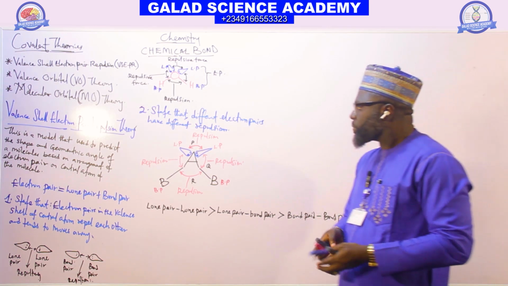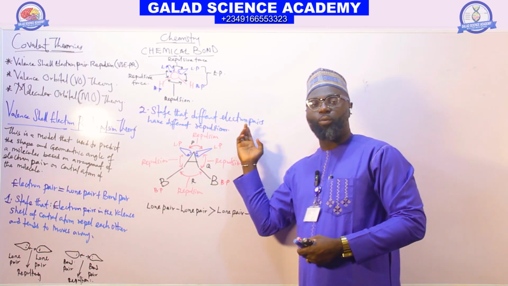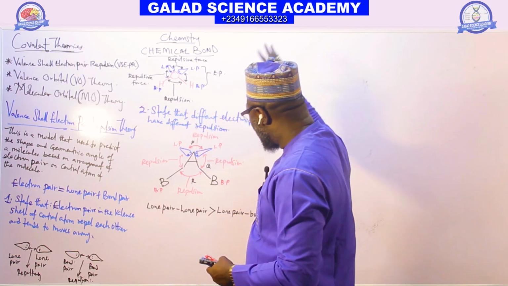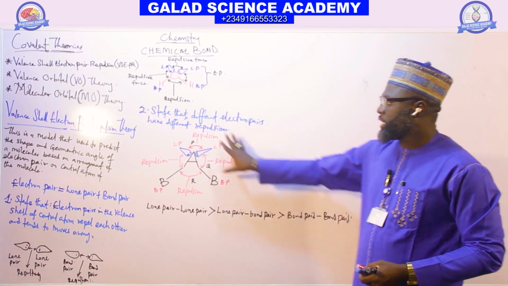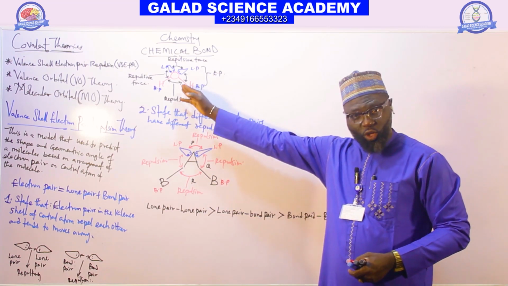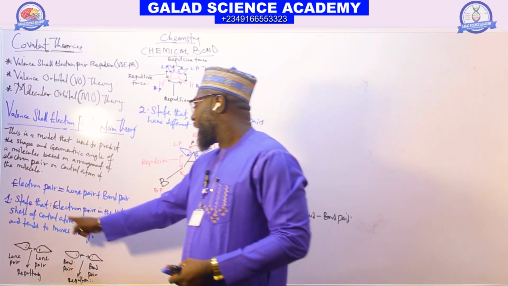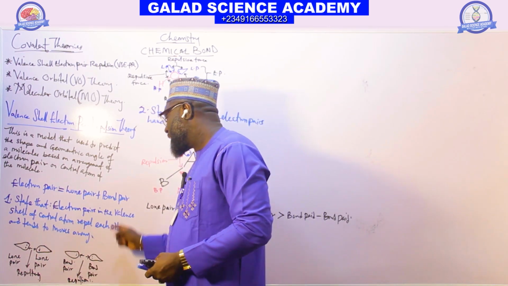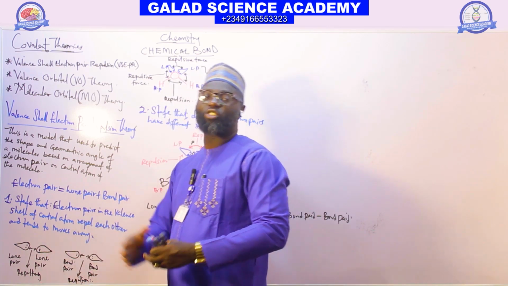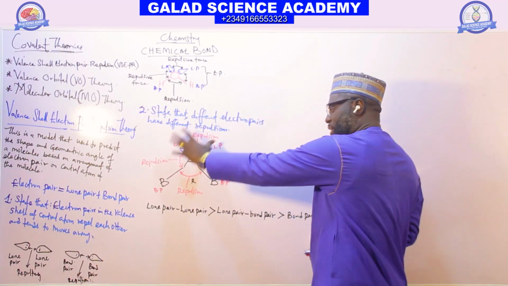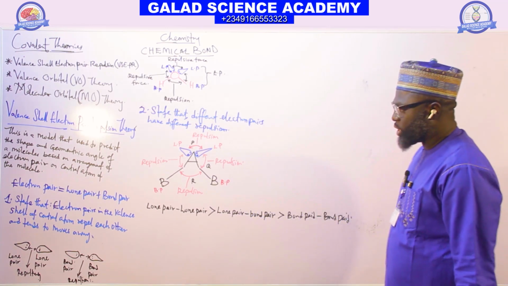That is the VSEPR theory second postulate: different electron pairs have different repulsion. This is the sketch, also in the water molecule. And the first law, don't forget, says that electron pairs in the valence shell of the central atom repel each other and tend to move away. This is what happens in VSEPR theory.